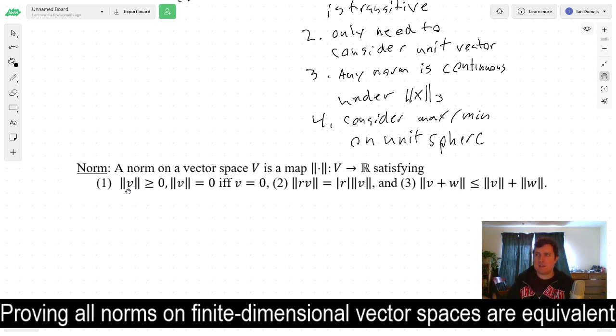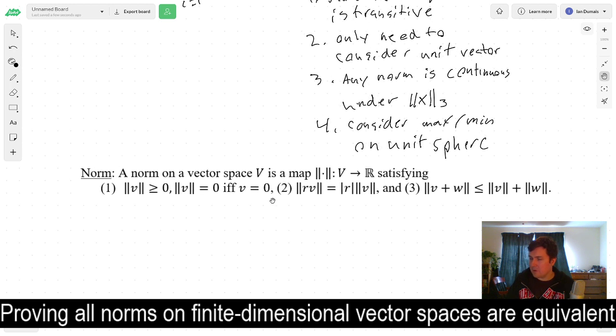We don't want negative distances, and we only want a 0 distance if our vector is 0. We don't want something that appears to have length because it has non-zero coordinates in whatever basis we're in.